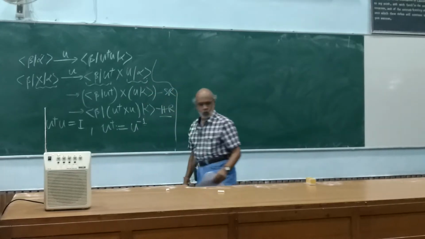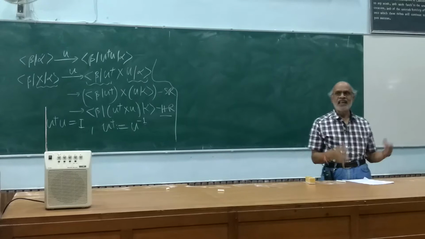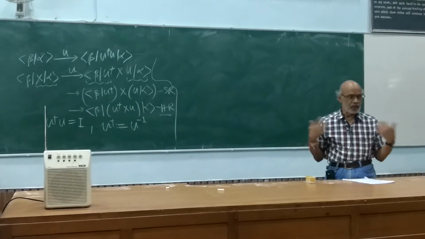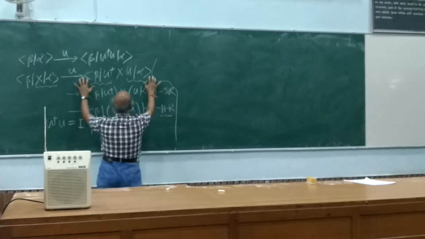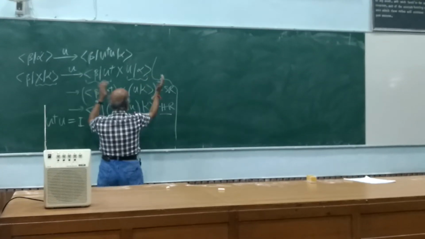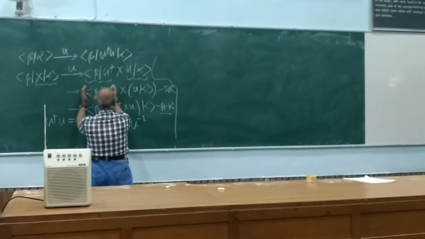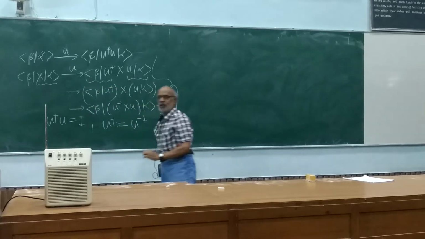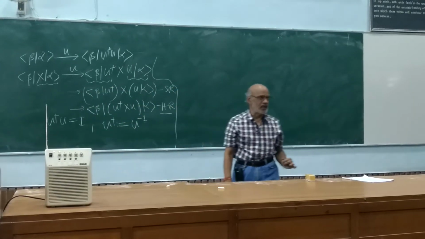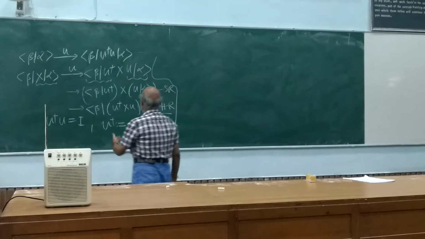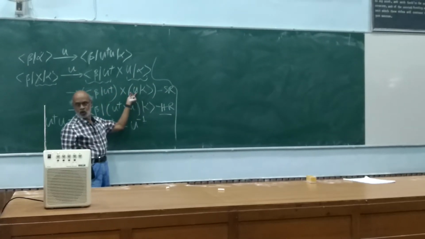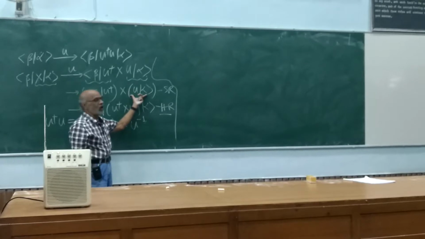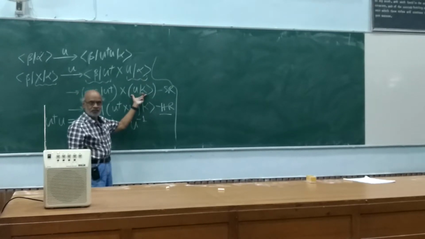So now there are two different scenarios in front of us. I could consider this as a product of this, and in between sandwich is my operator X. So what happens here? This U is my time evolution operator. This would evolve this state in time.